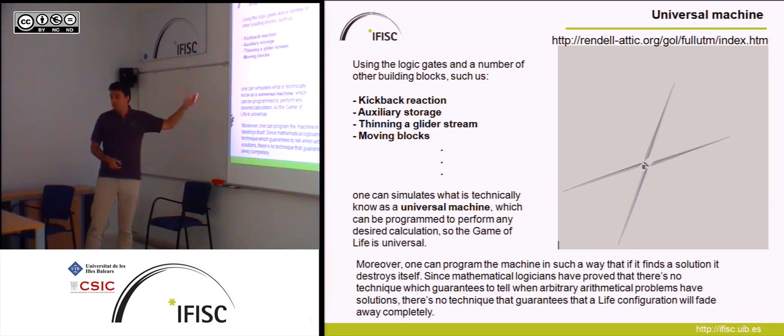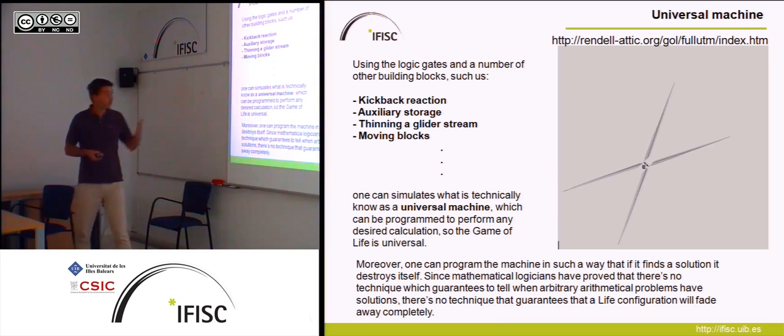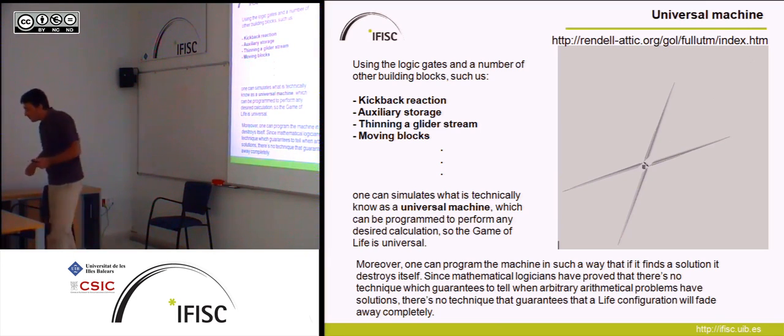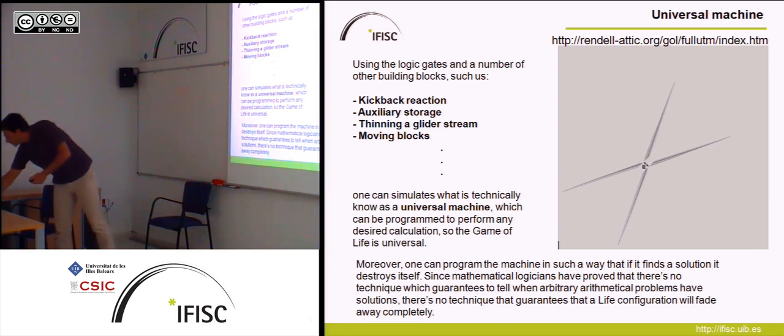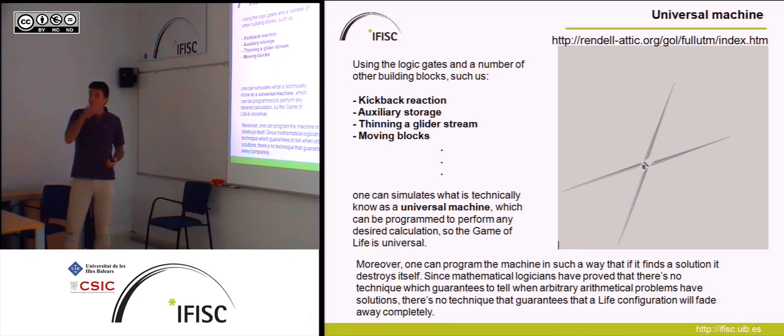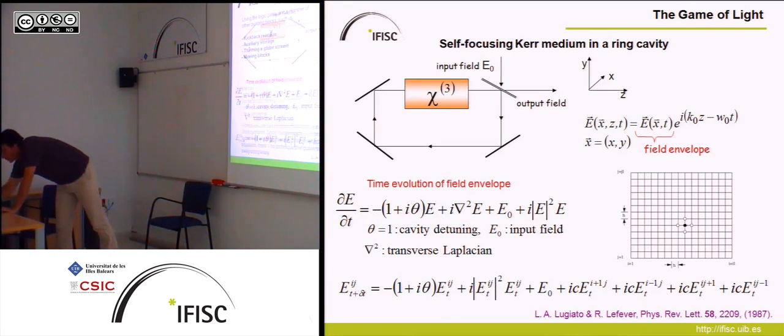So actually you have proof that this game is unpredictable. You cannot say for an arbitrary initial configuration whether it will fade away or stay on forever. So that's a true proof for this game. Life is universal in this sense, has universal properties. I recall that this comes from this game being sort of in a critical state. That's very important.